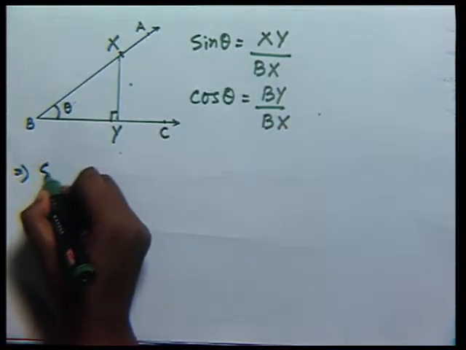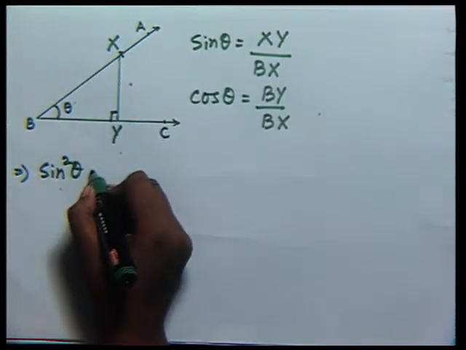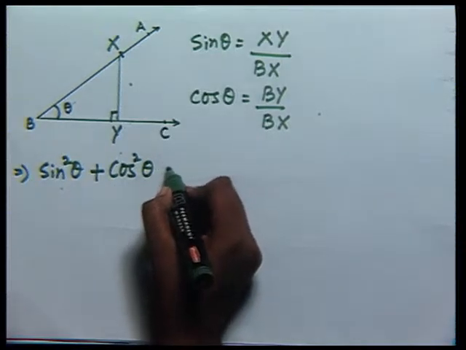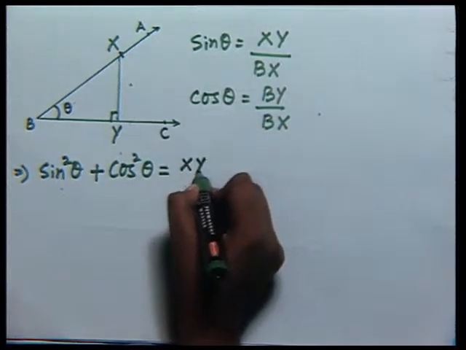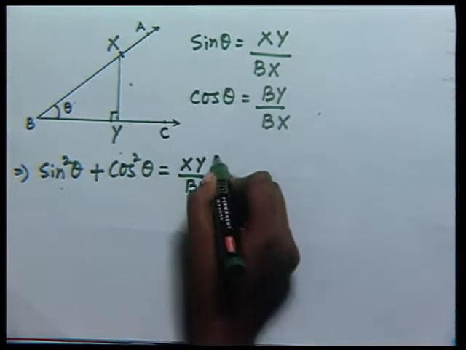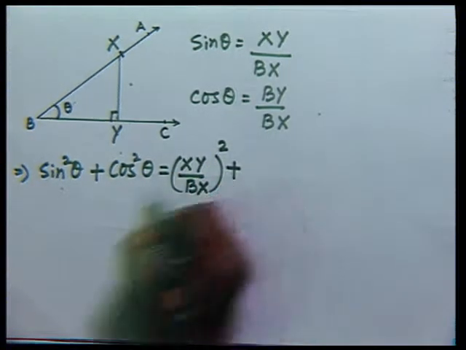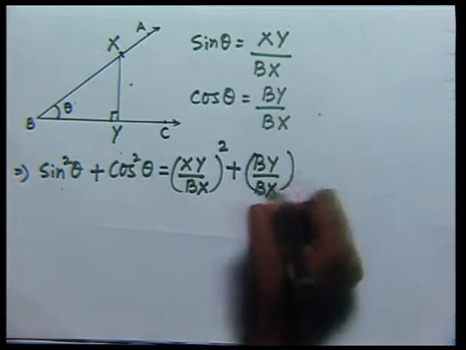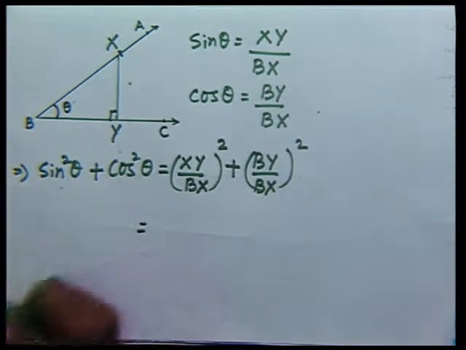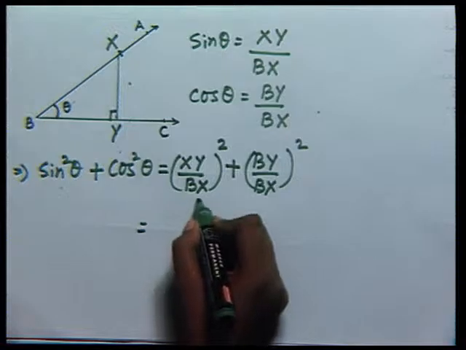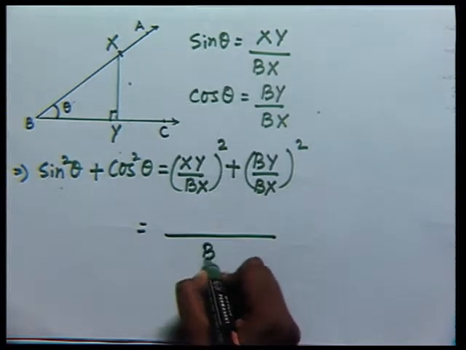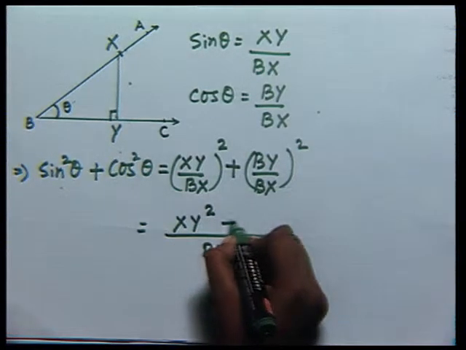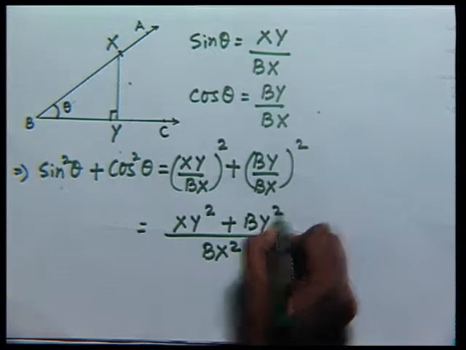This implies that sin square theta plus cos square theta is equal to XY upon BX whole square plus BY upon BX whole square. This is equal to, I can take LCM BX square, so here we have XY square plus BY square.